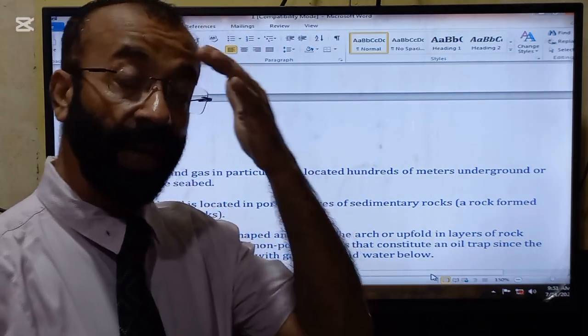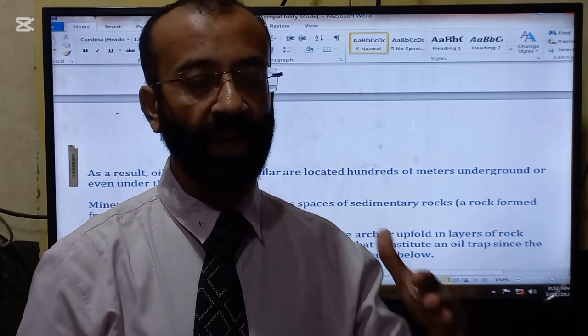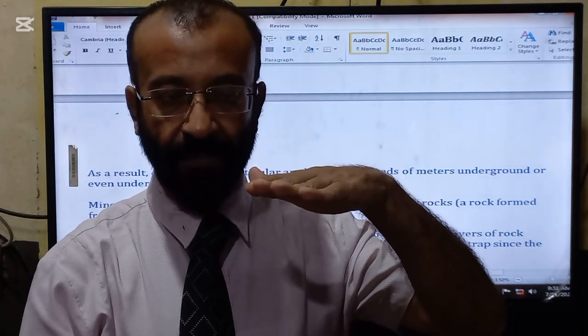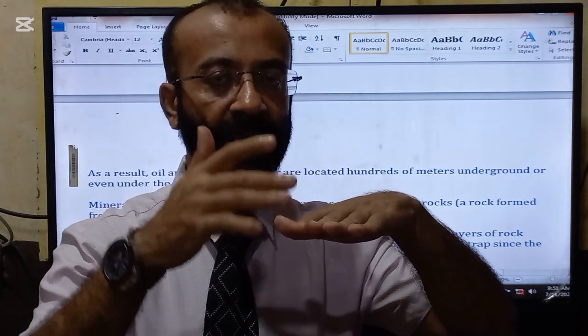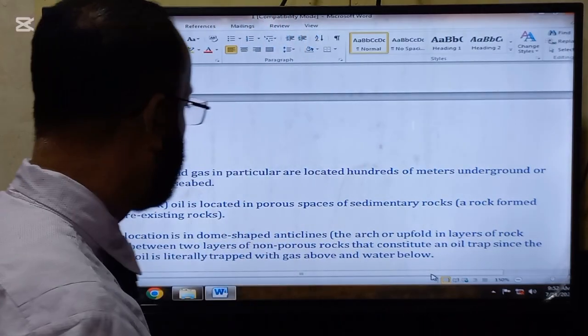So this is an arrangement by nature that oil is found in between. Below it, water is found, and above it, gas is found in a dome-shaped porous rock.